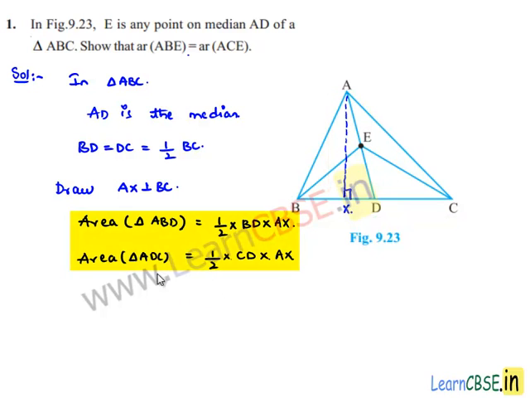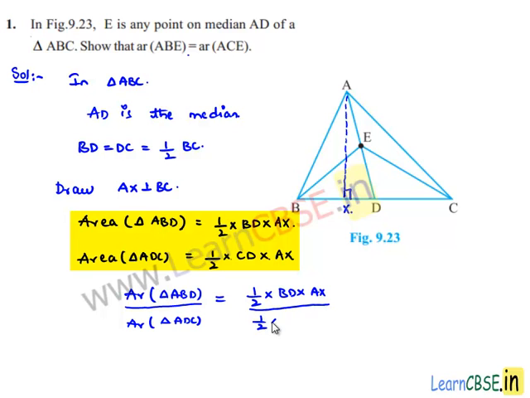Now let us divide both the areas, then we get area of triangle ABD divided by area of triangle ADC is equal to half times BD into AX by half times CD into AX.